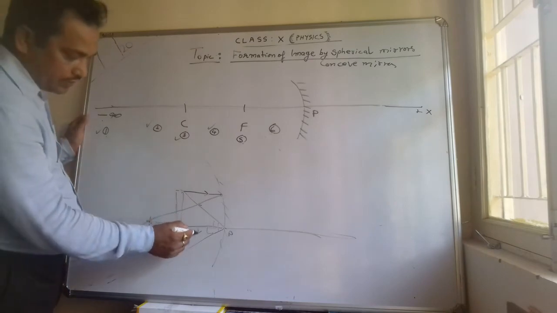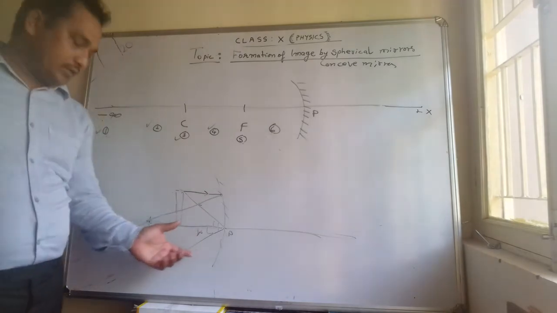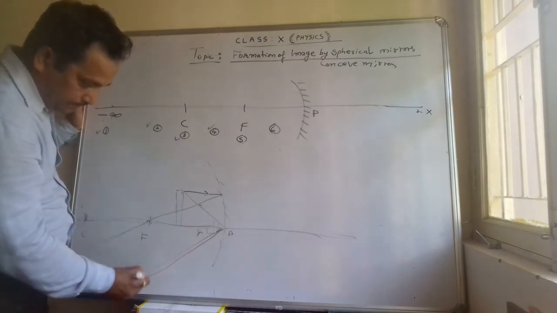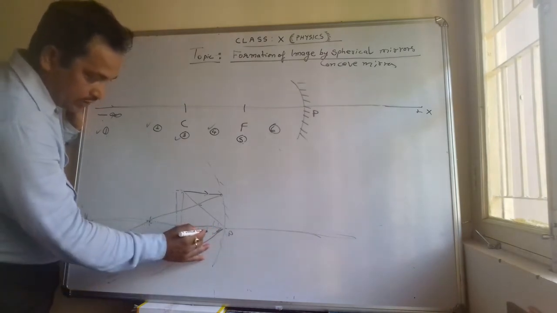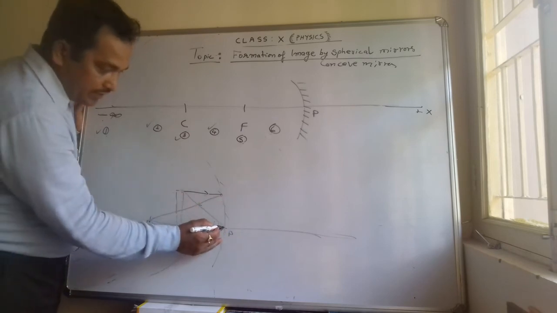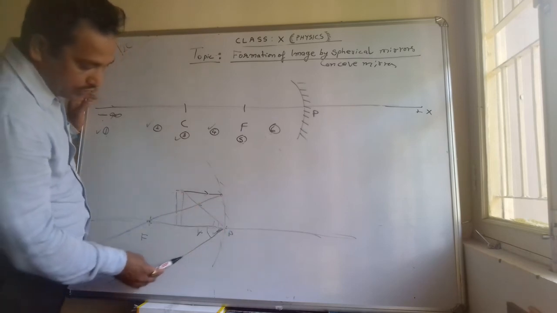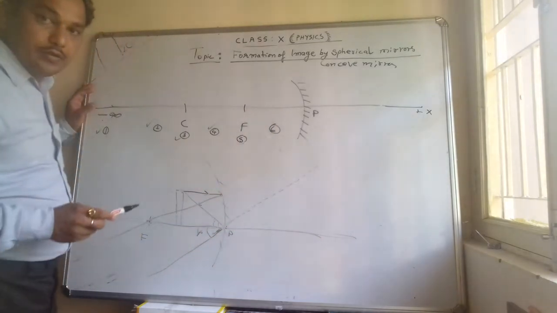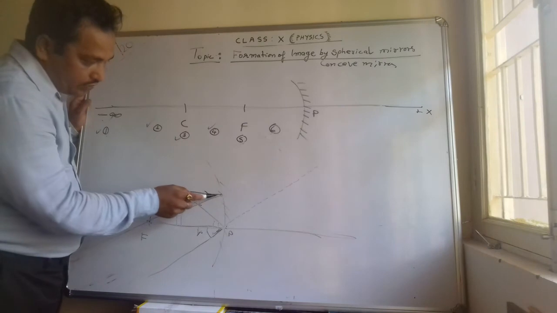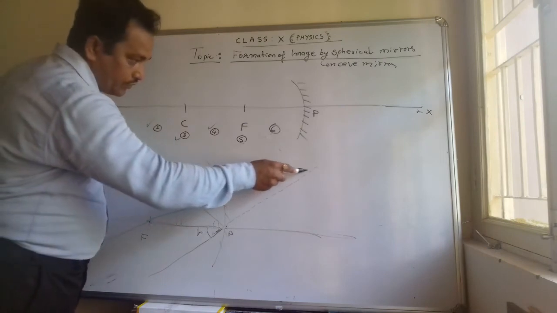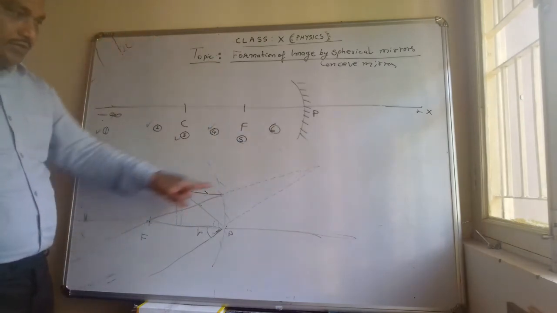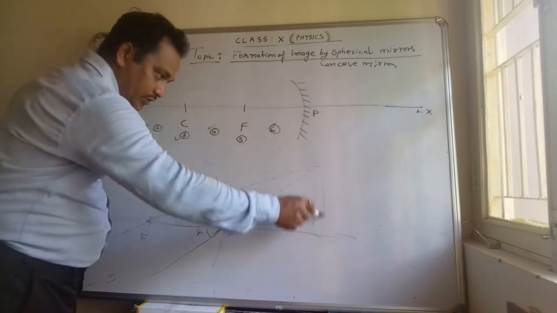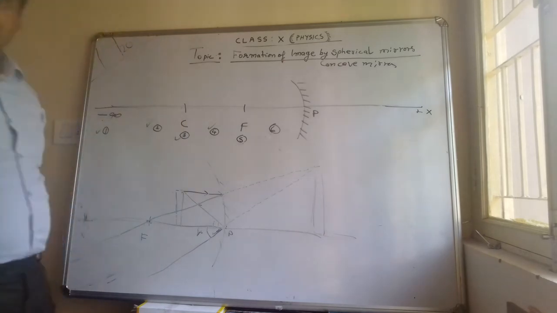So here we will observe that if we proceed this line behind the mirror, they will meet at one point. Let us see. So the same straight line we will proceed from behind the mirror, and the earlier one also, what we have observed, it is meeting behind the mirror. This is the position of the image formed.